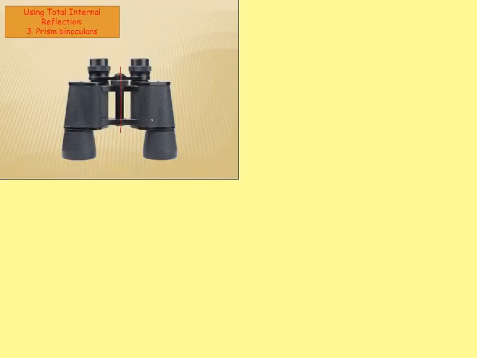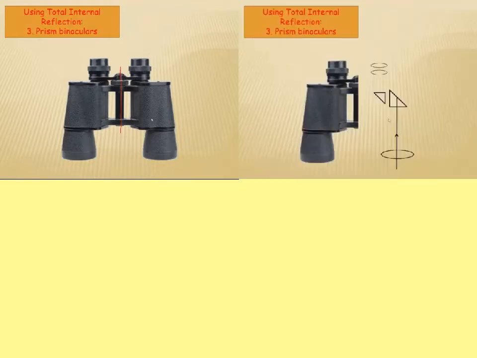Other examples of total internal reflection are the use in prism binoculars, which allows us to have small binoculars because you're using the angle to decrease the size of the lens, and also the telescope part of the binoculars. So that's the example there, how it works.